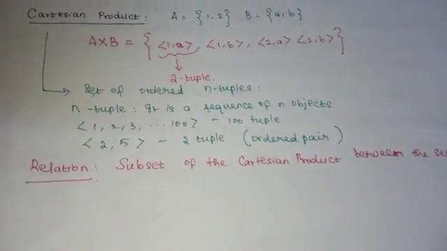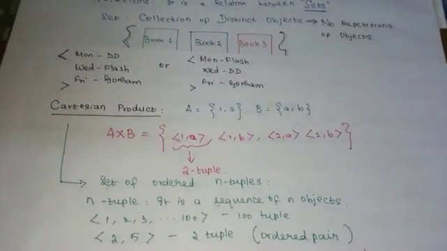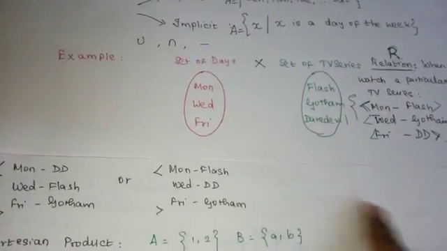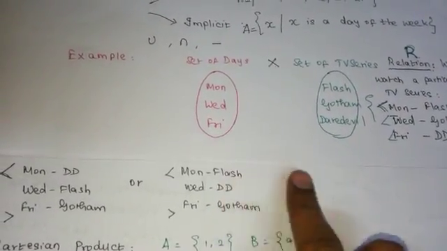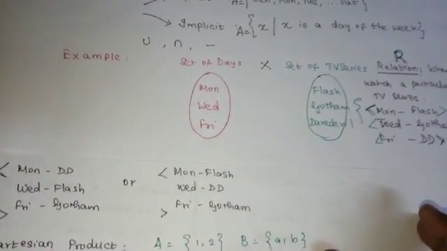So why do you call it a subset? In this previous example, we saw that there were 3 different answers, and there can be more different answers as well. When you say you want to watch Monday Gotham, Wednesday Daredevil, and Friday Flash, that forms a different set of elements.